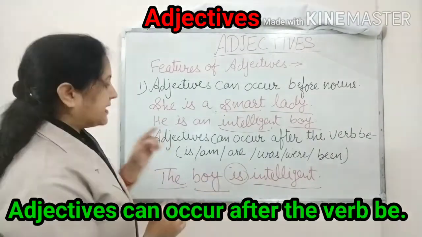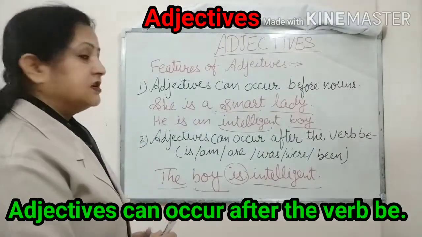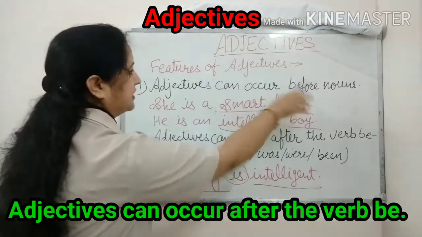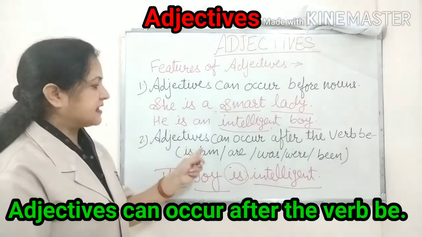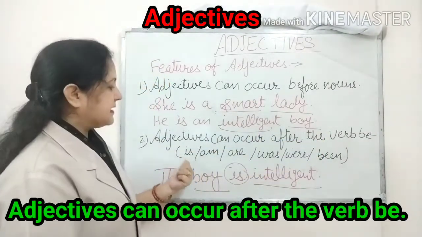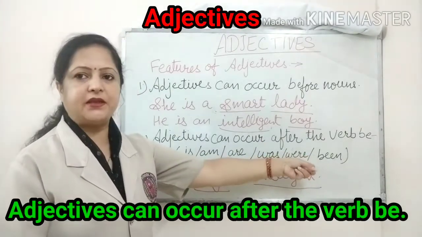So I think the second feature of the adjective is clear to everybody. The first feature is adjectives can occur before nouns, and the second is adjectives can occur after the verb be, that is, am, are, was, were and been.